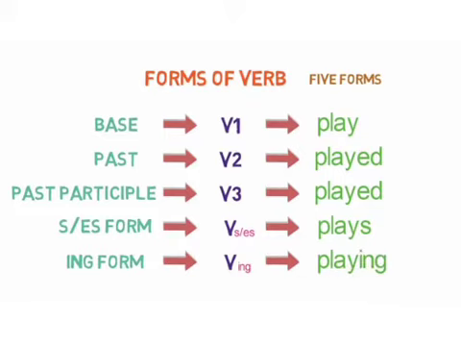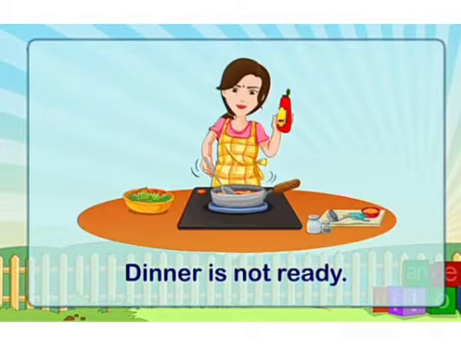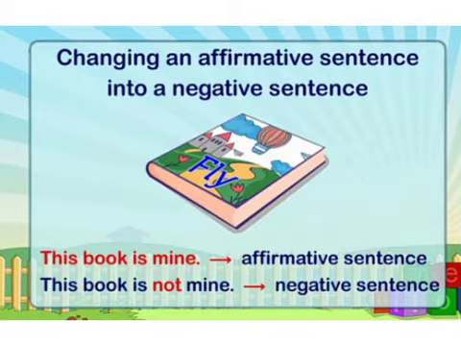Example, Sonia's father is a doctor. A negative sentence contains the word "not". Example, dinner is not ready. Here, this sentence is negative. So, "This book is mine" is an affirmative sentence. "This book is not mine" is a negative sentence.